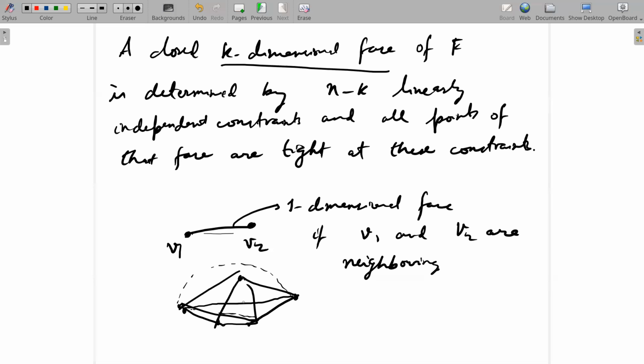It's not an edge, not a 1D face of F. But these edges are 1D faces. So these are the one-dimensional faces or edges of this feasible set F. So that's why these two are the neighboring vertices.